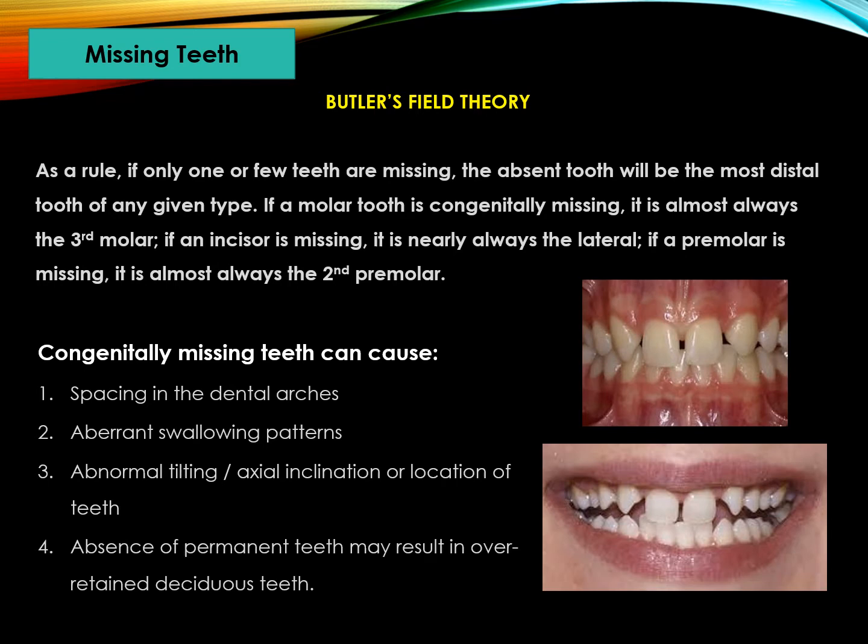Also, it depends on any other concurrent malocclusion states the patient might be suffering from. However, it's limited to certain areas or regions in the mouth, and your treatment plan should include a comprehensive plan to include how you're going to manage this particular space or this particular missing tooth.